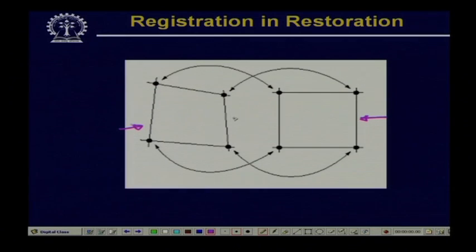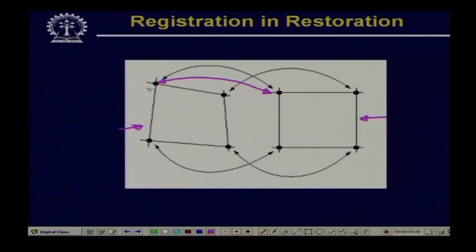So, for doing this, we have to register different points in the expected image and the different points in the degraded or distorted image. So, if I can do that kind of registration, in this case this is a point which corresponds to this particular point. So, if somehow we can register these two.